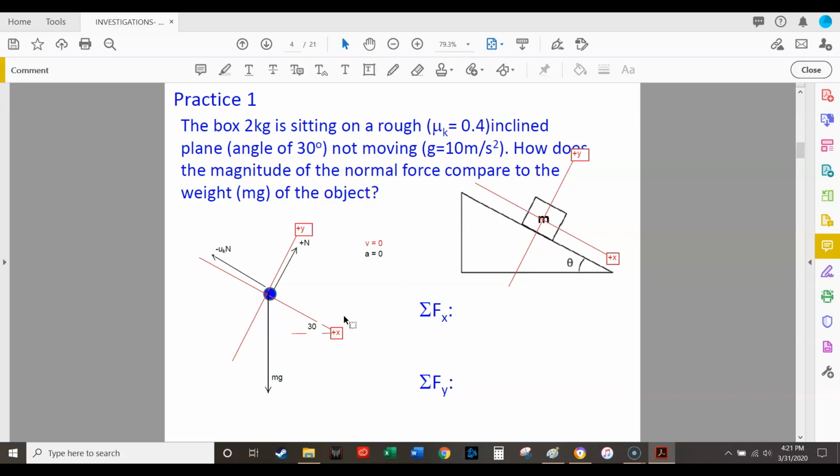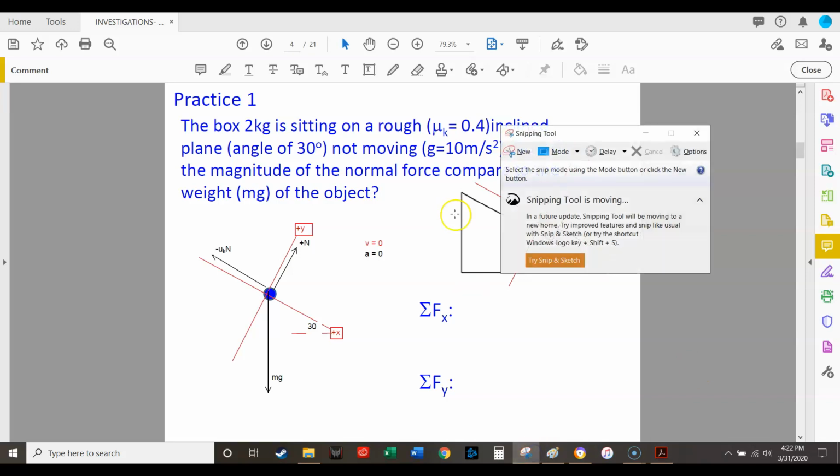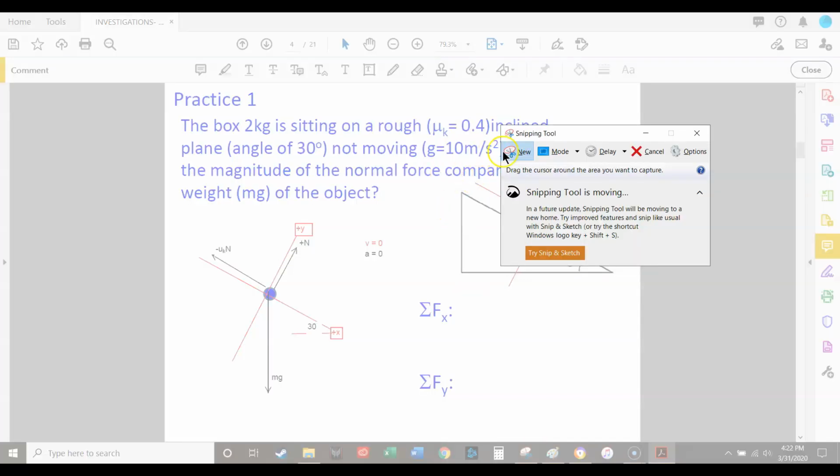Now, if you notice, this is our inclined plane. And if you watch the Khan Academy video later on, they'll show you what I'm about to show you here. I'm going to go ahead and grab this, and I'm going to show you how this is going to be our angle, 30 degrees.